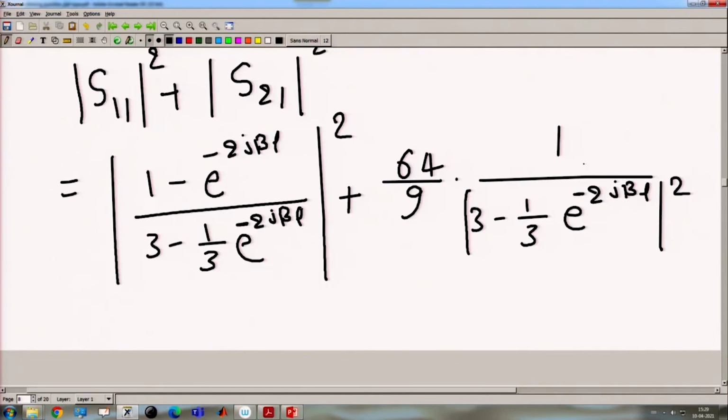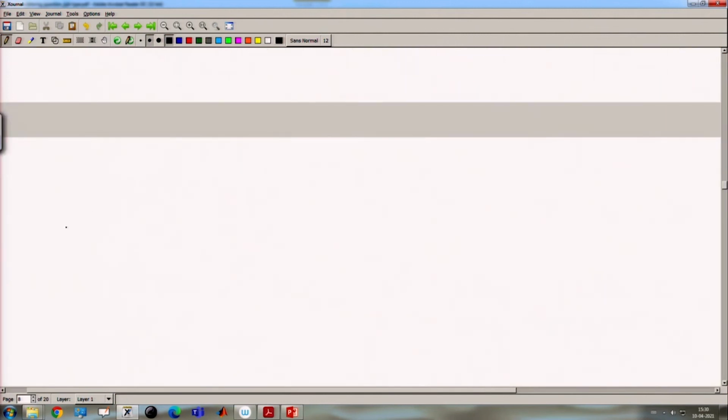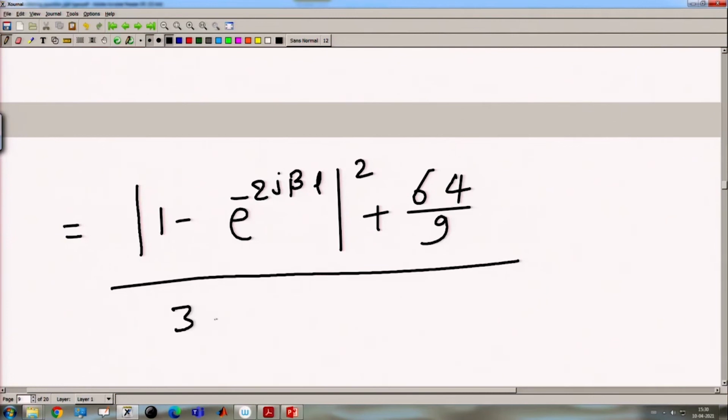After this, in the denominator part both are same. So, we can write this expression as 1 minus e to the power minus 2 j beta L whole square plus 64 by 9 divided by 3 minus 1 by 3 e to the power minus 2 j beta L whole square.